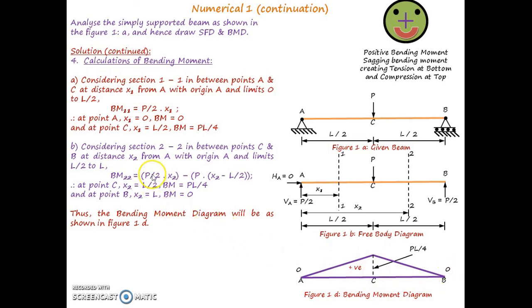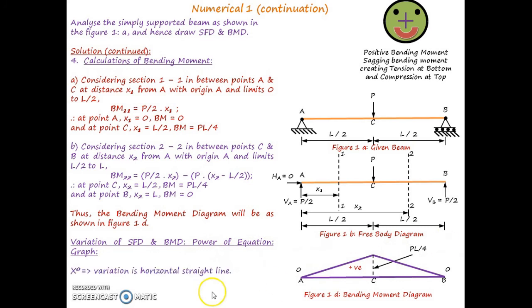Now if we go through these equations, BM 1-1 or BM 2-2, the power of x is 1. So this line will be an inclined straight line from A to C as well as from C to B. This is to be understood: how to draw the variation of the shear force diagram and bending moment diagram depends on the power of the equation.